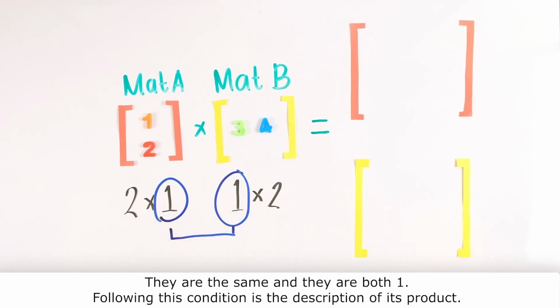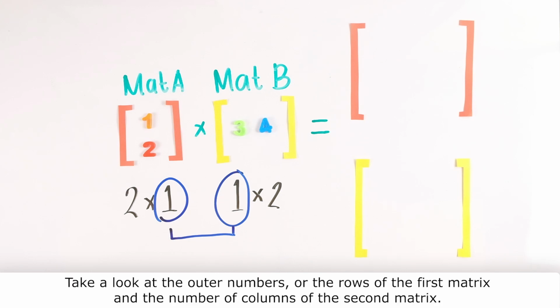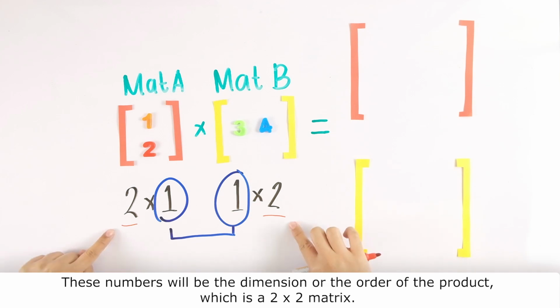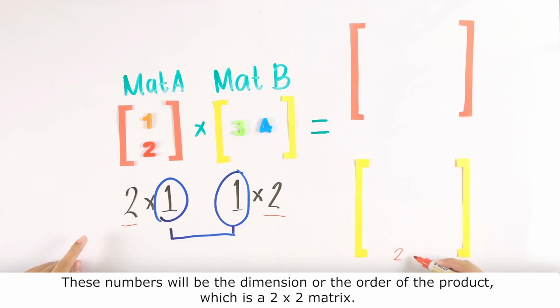Following this condition is the description of its product. Take a look at the outer numbers, or the rows of the first matrix and the number of columns of the second matrix. These numbers will be the dimension or the order of the product, which is a 2 by 2 matrix.